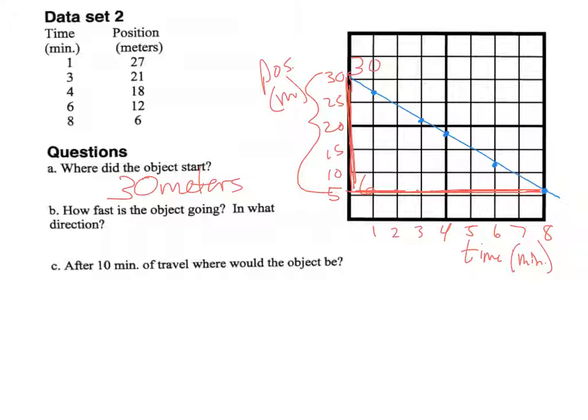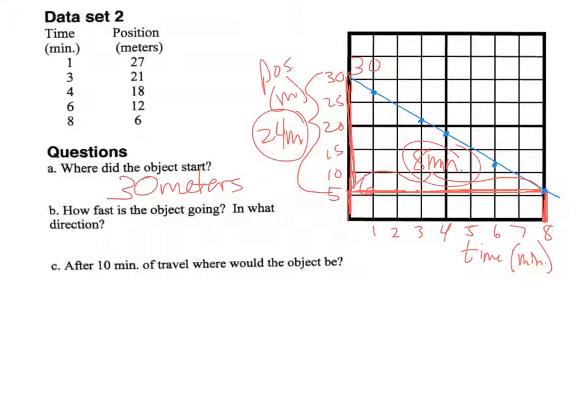So how big is that? Yep, that's 24 meters. That's my rise. How big is my run? Well, starting at time 0, ending at time 8. 8 minutes. Did I say seconds? So my run is 8 minutes.